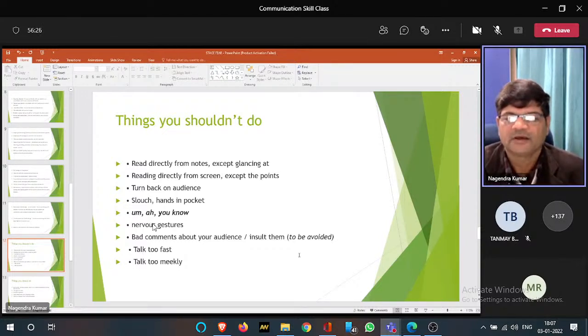Fine. Never turn your back on your audience. Audience should always be in your complete view. Slouching or keeping your hands in your pocket is considered a defeating gesture. Using pause fillers is also not a good idea. And mostly people do it when they are short on ideas.